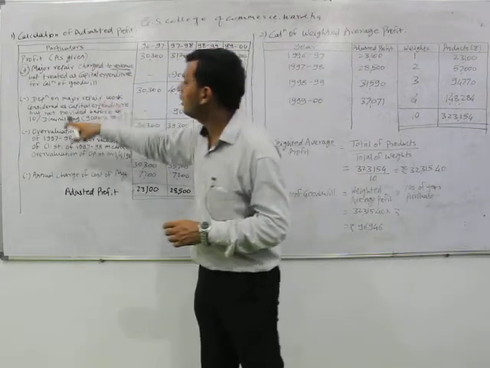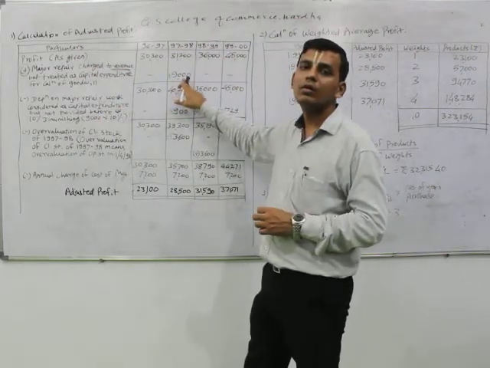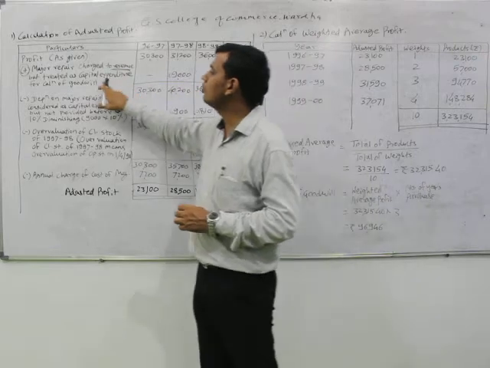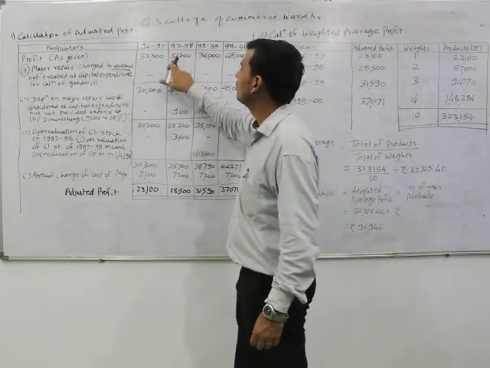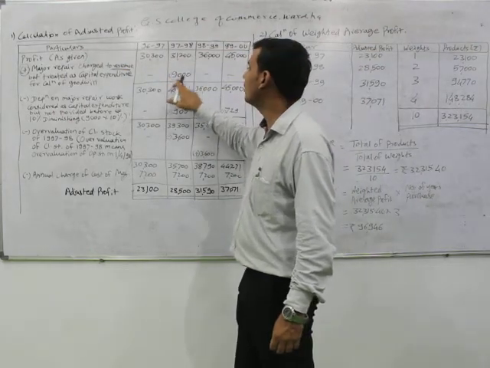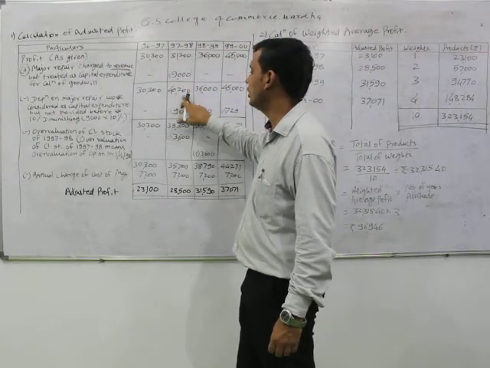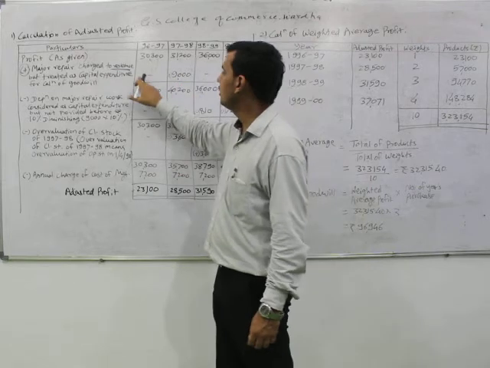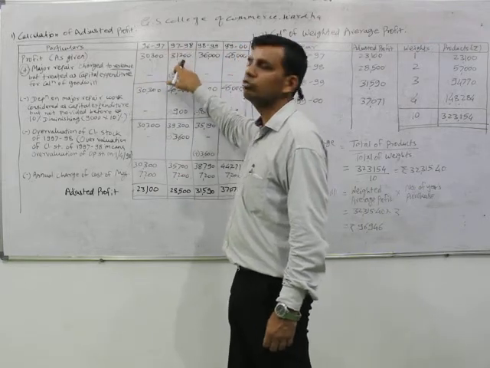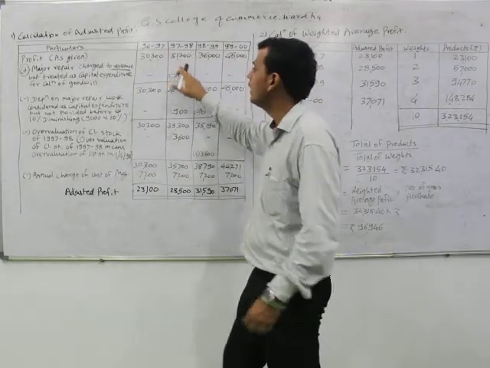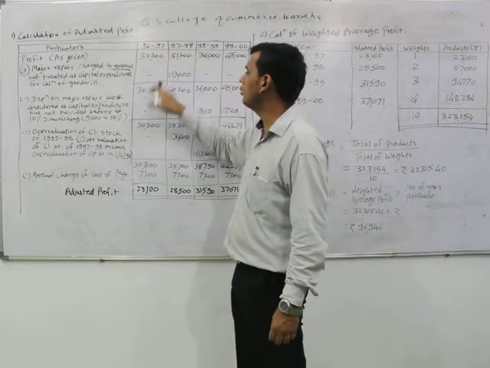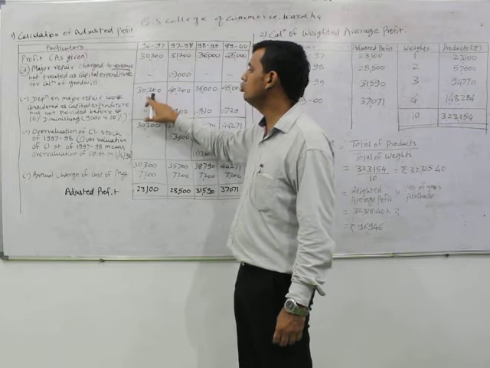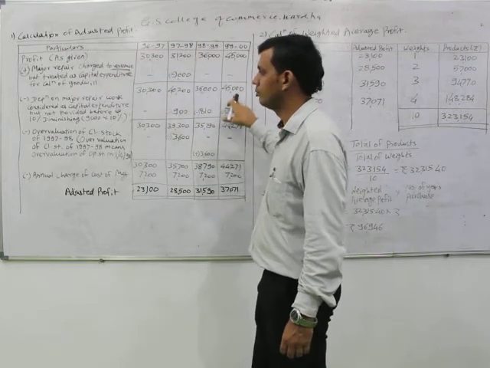As it was deducted there, we add it up again here, 9,000, and this adjustment was only in the year 97-98. Hence in this year, 31,200 plus 9,000 is equal to 40,200. As the expenditure was charged only in the year 97-98, the rest of the years are marked as nil and their totals have been brought down for each year as per the adjustment.